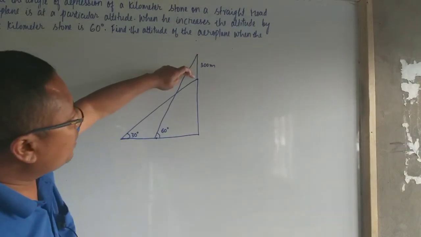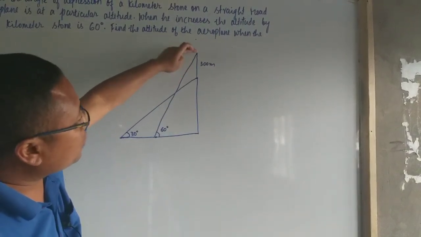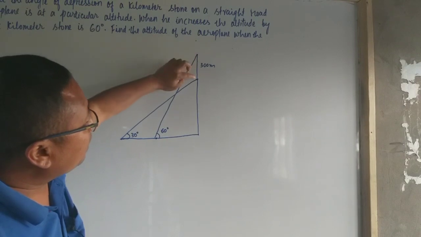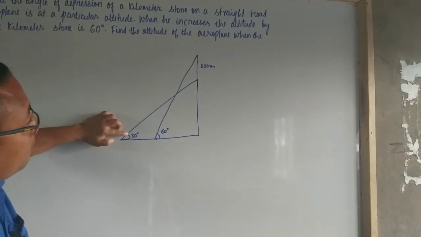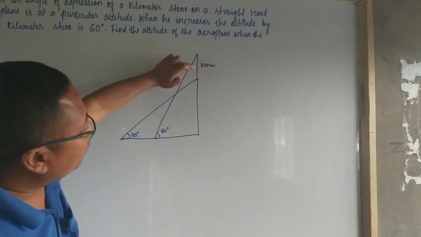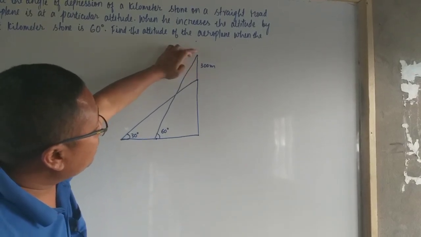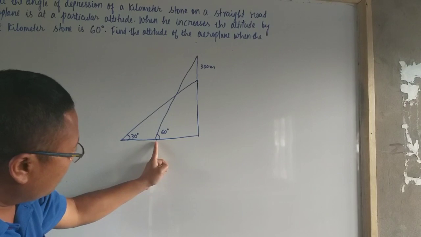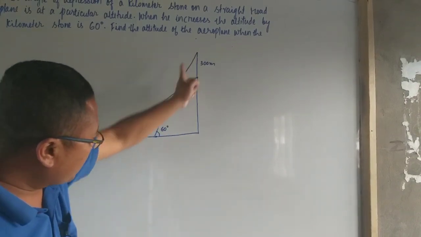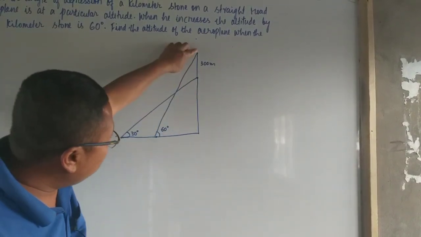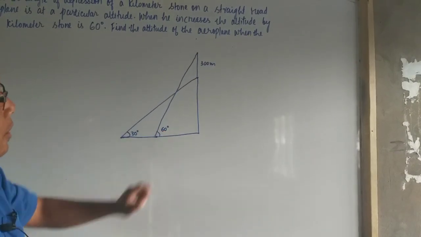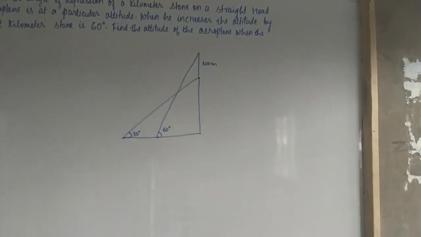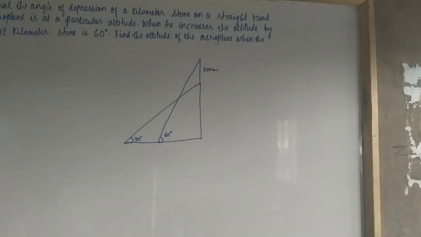This point and this point are the positions of the aeroplane. This was the initial position when the angle of depression was 30 degrees, and on increasing the height of the aeroplane by 300 meters, the angle of depression of the next kilometer stone from that position is 60 degrees. So you need to be very clear about the question, and the diagram needs to be correct.